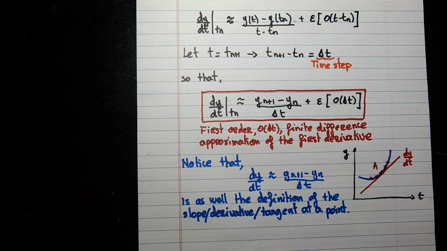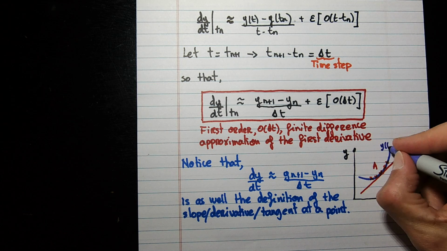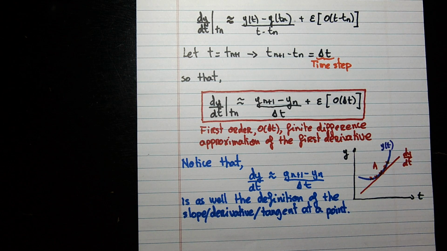Okay, so basically this is your y of t. So you can now predict the location of every point on y of t if you look at the tangent at every single point. So you can see that the solution will be more and more accurate as the distance between the 2 points, or the time step, will be small.